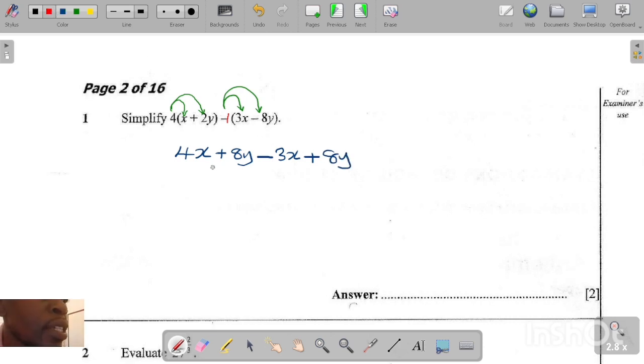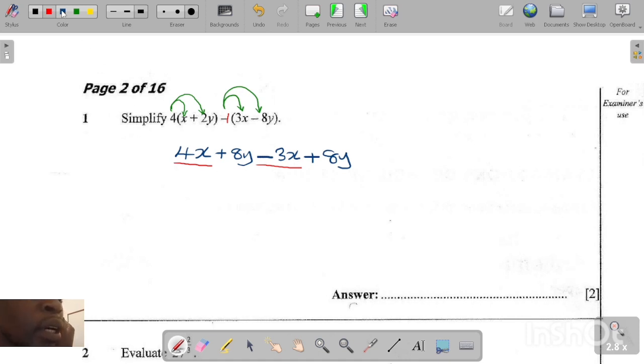Okay? At this stage, you now collect like terms. This term has x, and this term has an x also. Take note, whenever you are collecting like terms, you need to collect them together with a sign. You can see that I've underlined together with a negative sign.